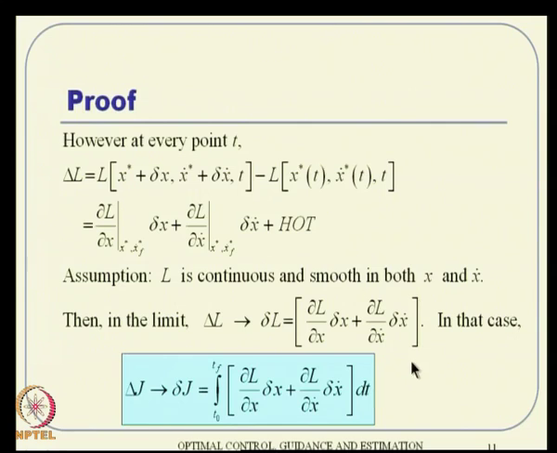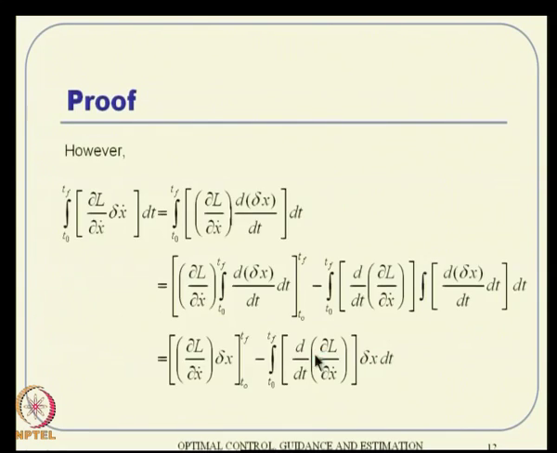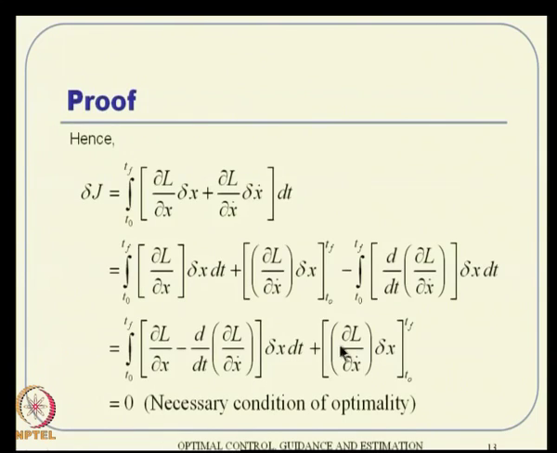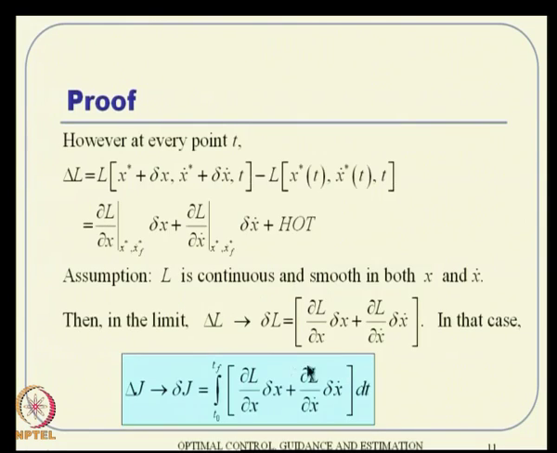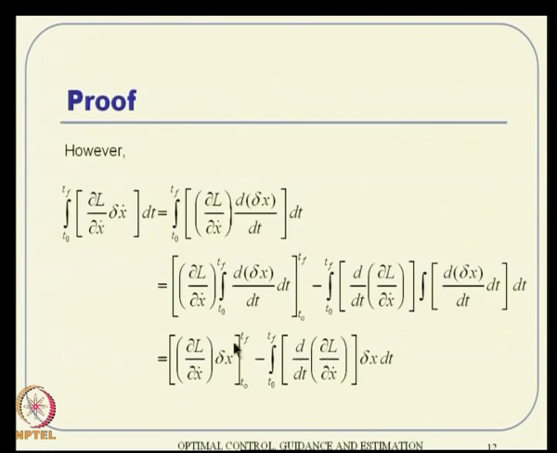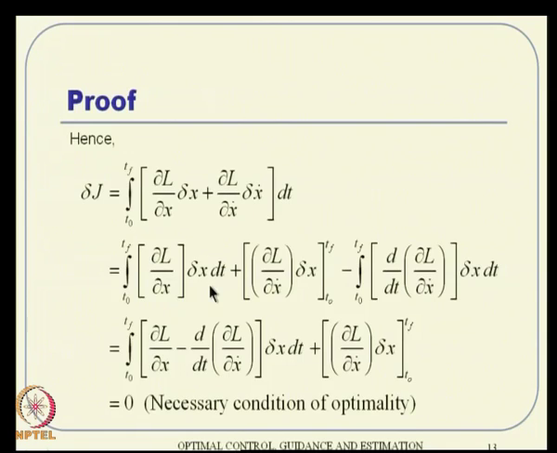Then this second part of the integral, you can integrate by parts. Then do this algebra and end up with this kind of a conclusion. This part being like that, you can put it back here, and ultimately it leads to that.